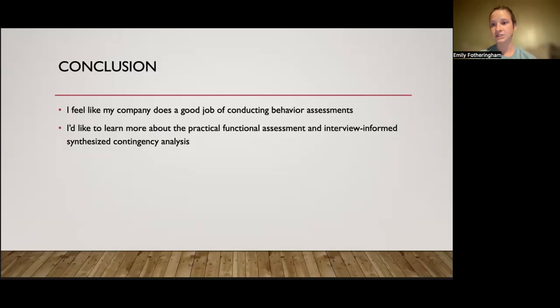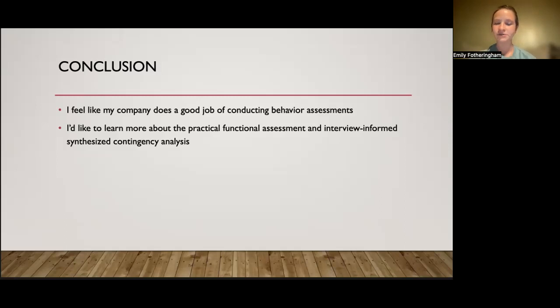I personally enjoyed the practical functional assessment the best. I got to analyze the data for each of these, and from a visual analysis, the practical functional assessment showed the most differentiated data paths, indicating a stronger conclusion of the hypothesized function.